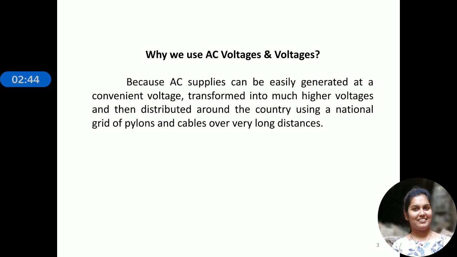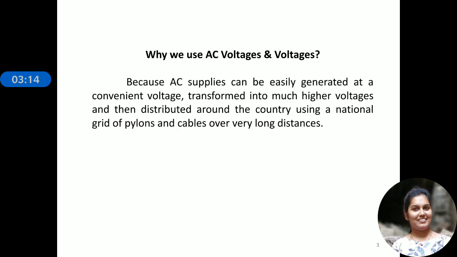The main reason we use AC voltages and currents in our homes and workplaces is that AC supplies can be easily generated at a convenient voltage, and can be transformed into a much higher voltage and then distributed around the country using national grids and cables over very long distances. Three points are to be noted here.